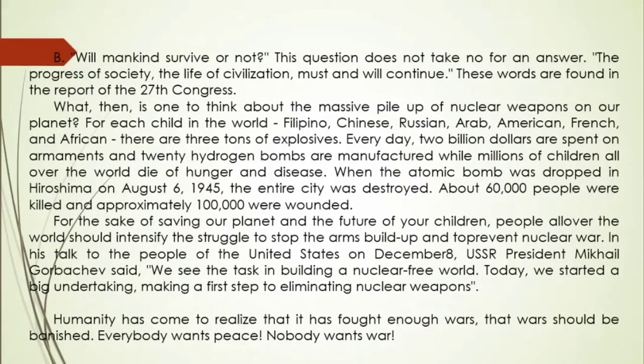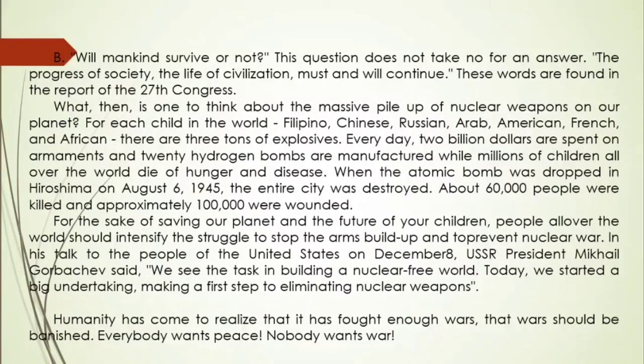When the atomic bomb was dropped in Hiroshima on August 6, 1945, the entire city was destroyed. About 60,000 people were killed and approximately 100,000 were wounded. For the sake of saving our planet and the future of our children, people all over the world should intensify the struggle to stop the arms buildup and to prevent nuclear war.